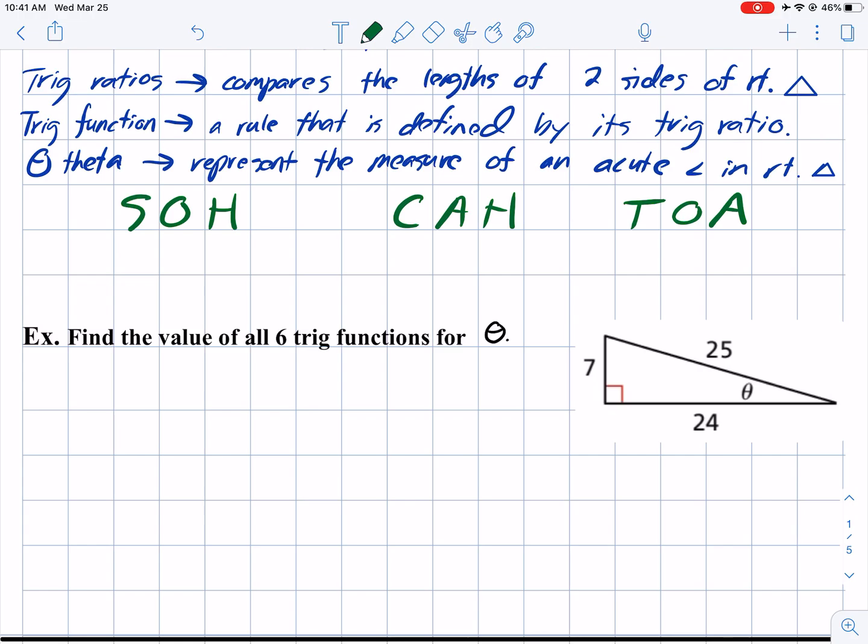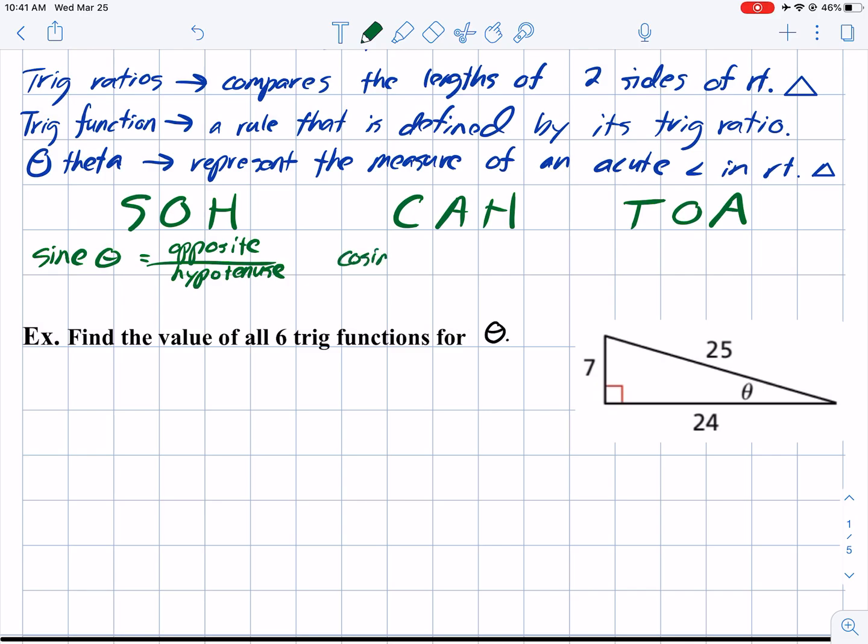So for SOH, the sine of theta equals the opposite side length of that angle over the hypotenuse. Then I'm going to start abbreviating here so we don't need to write everything out.